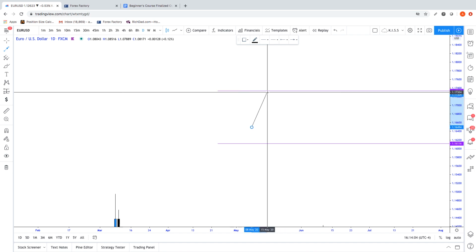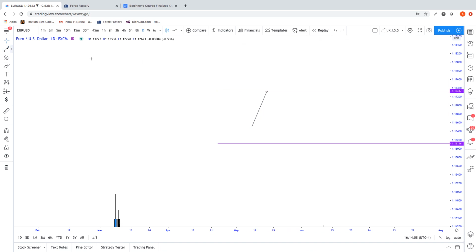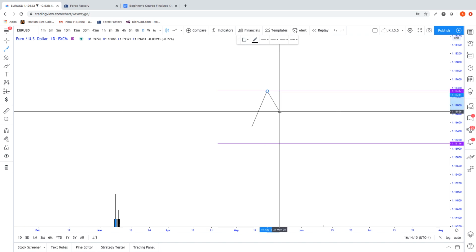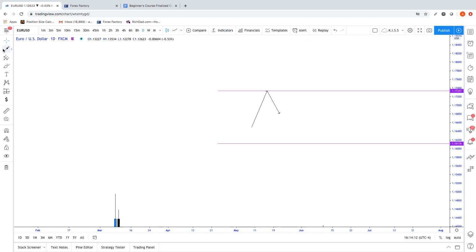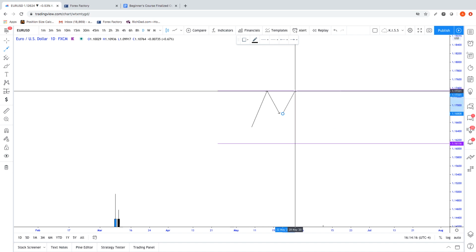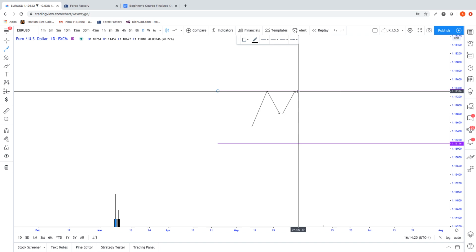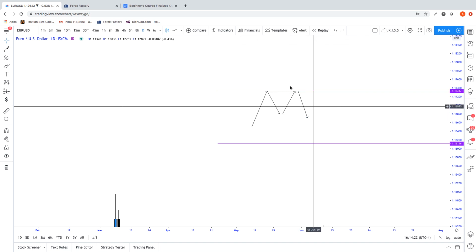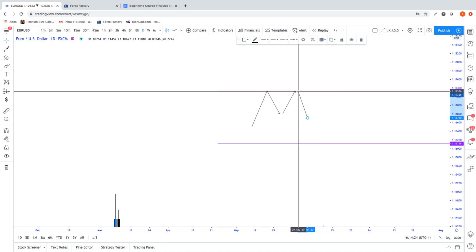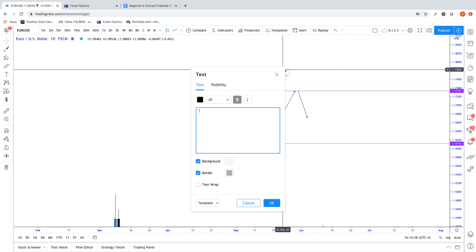Oftentimes banks will trade into a high, or create a high, trade down, then trade back up into that high and trade back down, creating what is known as a double top.